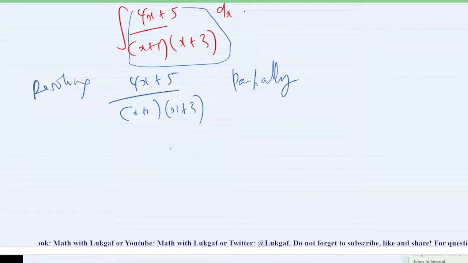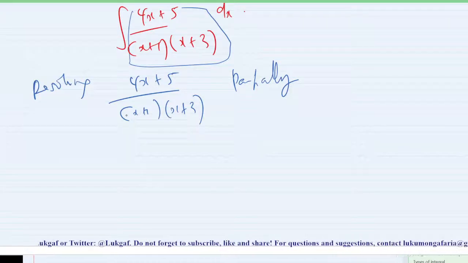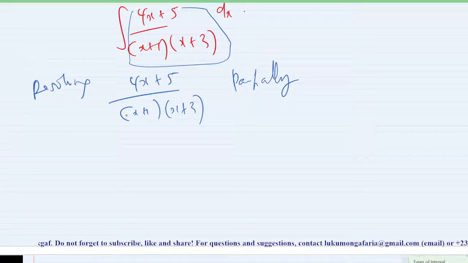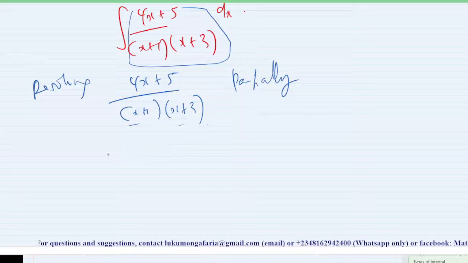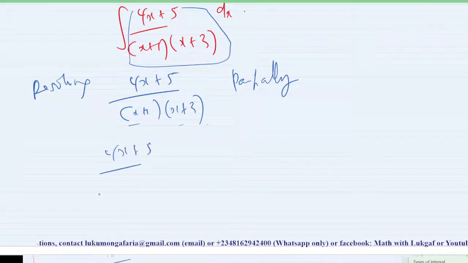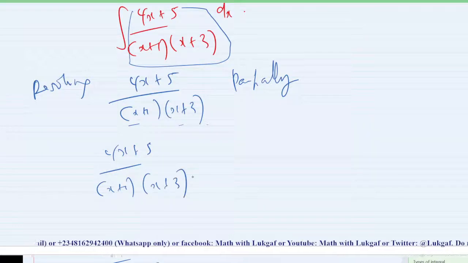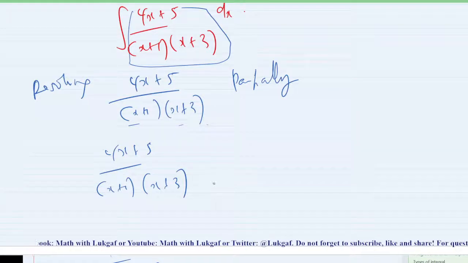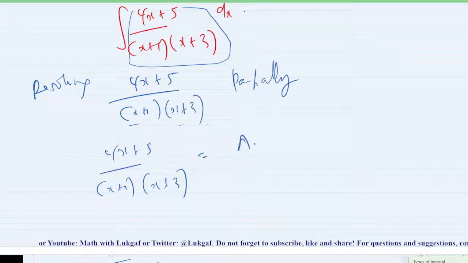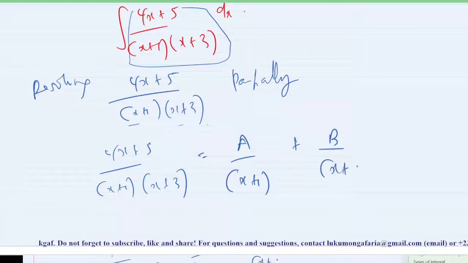If you resolve it partially, you have linear factors. So since you have linear factors here, and we already observed that the degree of the numerator is lesser than that of the denominator, then I'm going to have A over (s + 1) plus B divided by (s + 3), as I explained the other time.